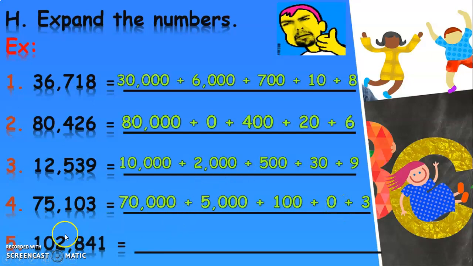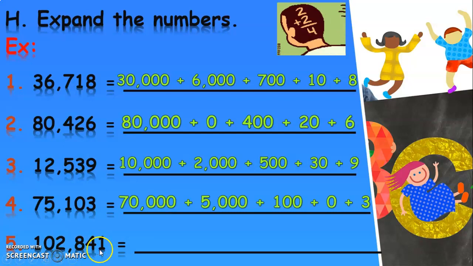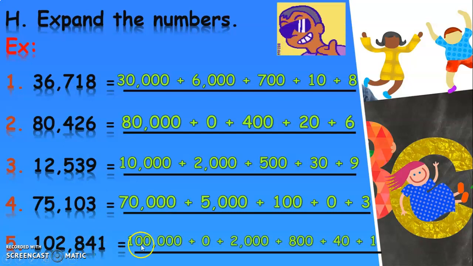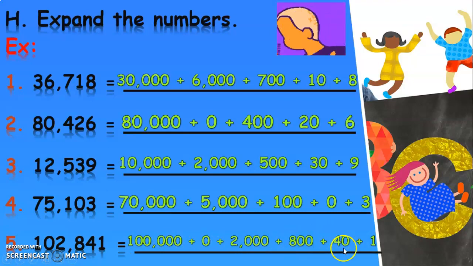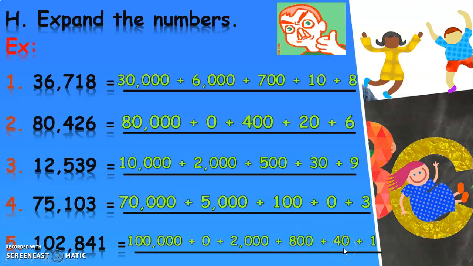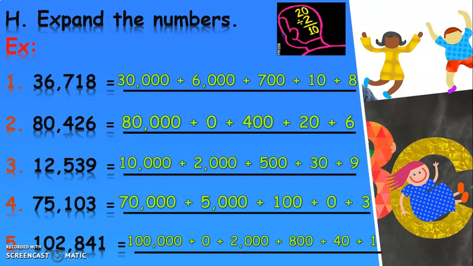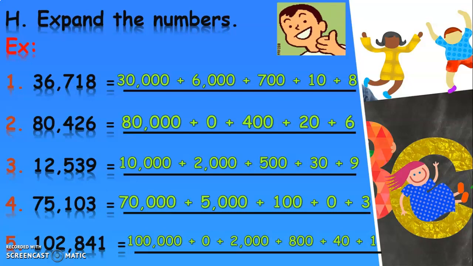And for number 5, we have 102,841 equals 100,000 plus 0 plus 2,000 plus 800 plus 40 plus 1. Now, how many of these answers did you get right? I hope that you will remember how to write numbers in their expanded form. If you get stuck, just keep on practicing whenever you have the time.